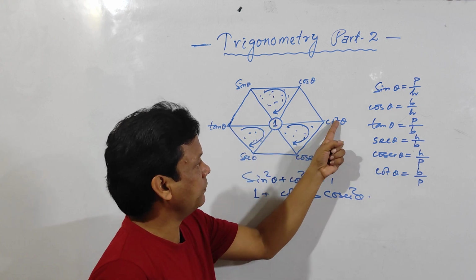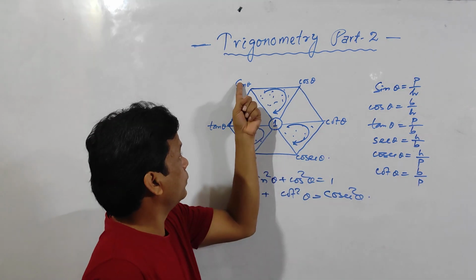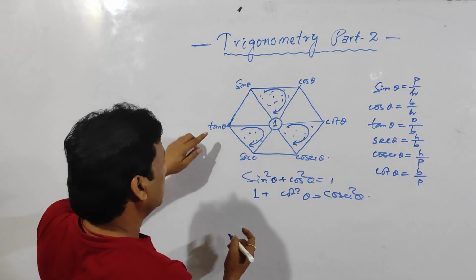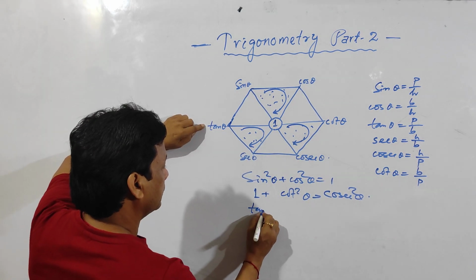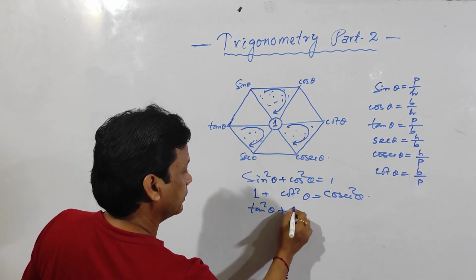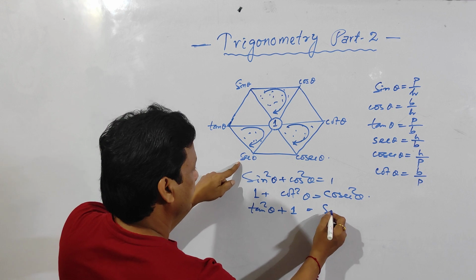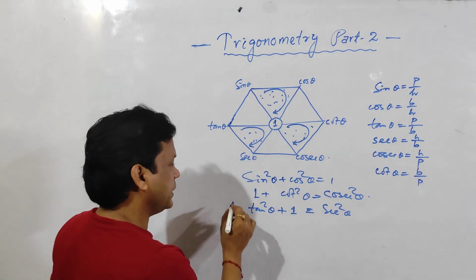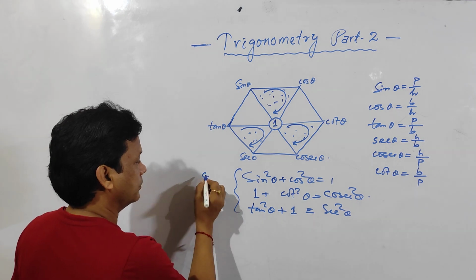Square of this one plus square of this one is equal to square of this one. Again, similarly, tan square theta plus square of 1, it is 1, is equal to square of sec, that means sec square theta. These are the 3 more formulas, which I have taken in clockwise direction.